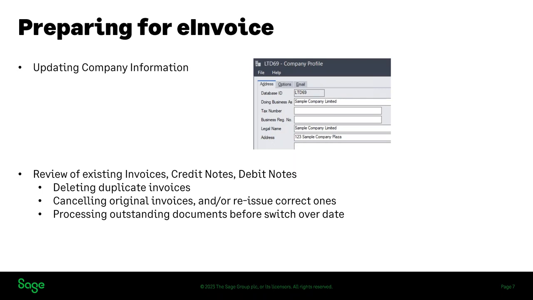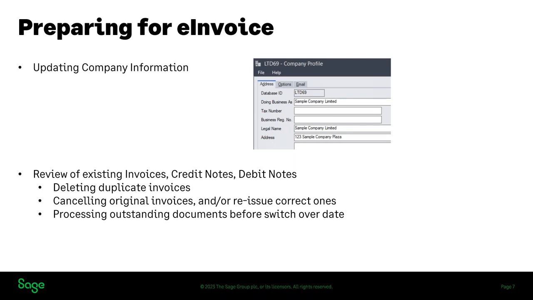You want to look at removing them. Any invoices that need to be canceled, updated, or reissued, you need to talk to your suppliers to get those cleaned up. And one of the last things to do is that, with that August date coming up, any outstanding documents, credit notes, debit notes, and everything, you want to ideally get those pushed through before all that happens.